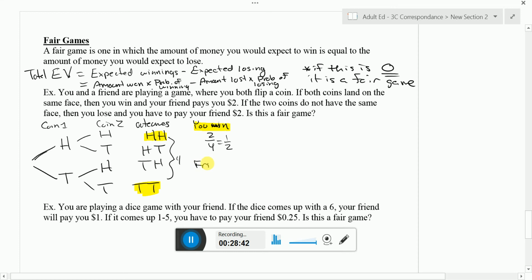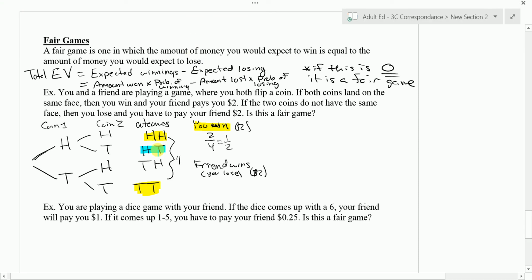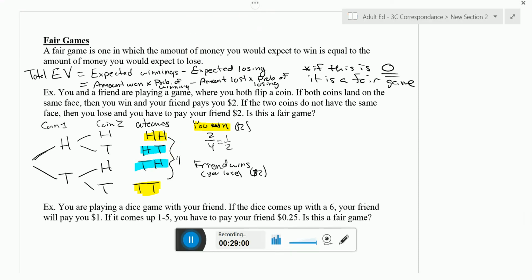Again, you win $2. Your friend wins, or you lose $2 when the 2 faces are different. So heads and tails, or tails and heads. Again, that's 2 out of 4 times, or 1/2.